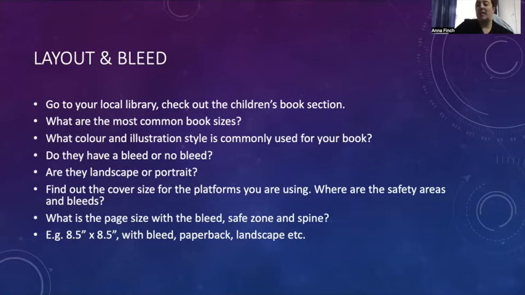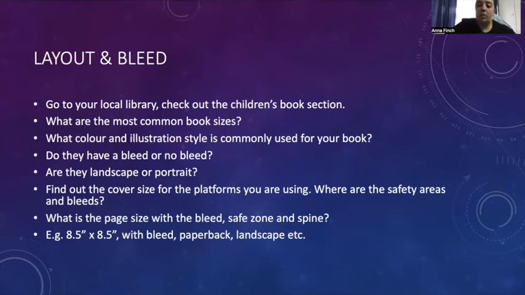It is basically the area that might be hidden, cut off. So it's important to make sure any of your important text and images are within the safe zone of the page and nowhere in the bleed. What should be in the bleed is either background or white space.